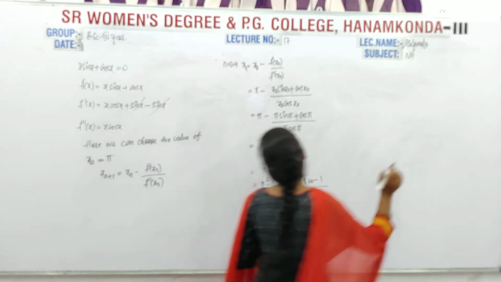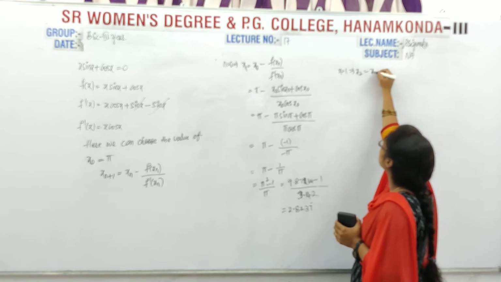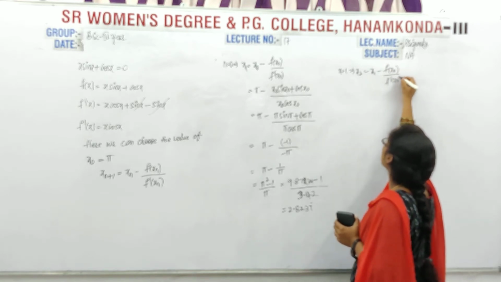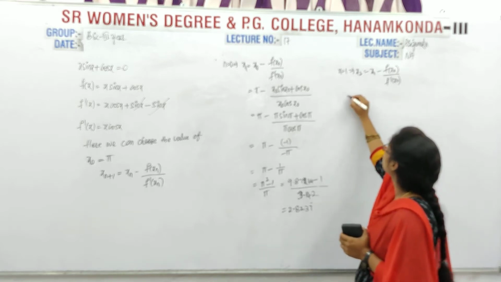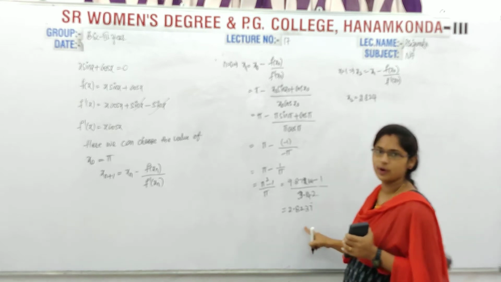Of course, we have to take n equal to 1. Then x2 equal to x1 minus f of x0 by f dash of x0. Then x2 will be, x1 is 2.824, I am taking approximately.